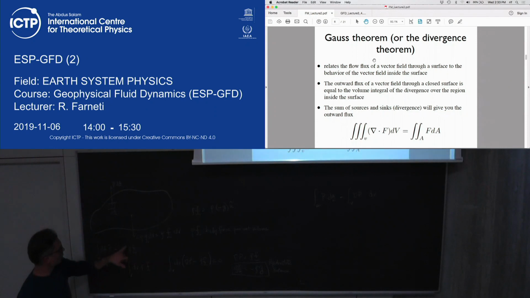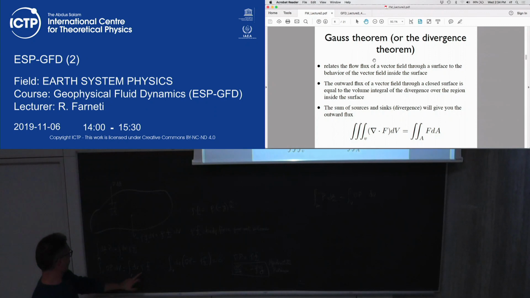You can integrate over the whole volume your body force, rho F. What's F? F is my body force. In this case, my body force is gravitation, but it could be an electromagnetic field. So F is minus g k, just to generalize the body force.